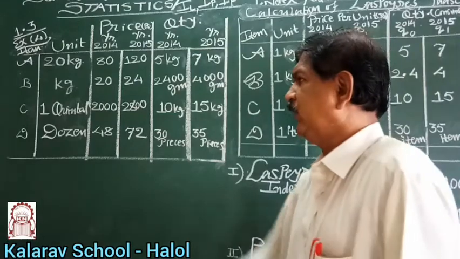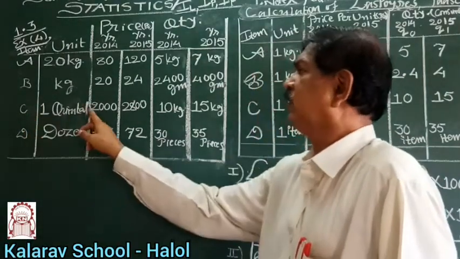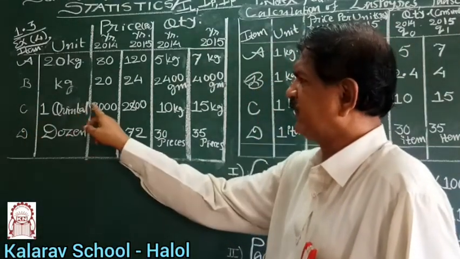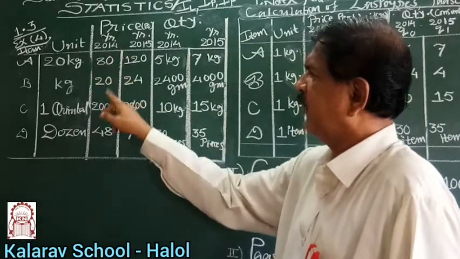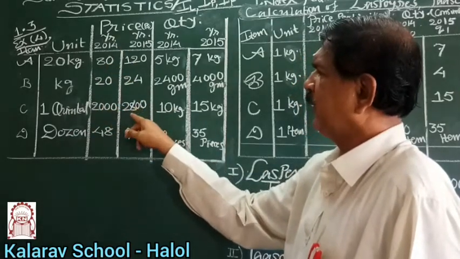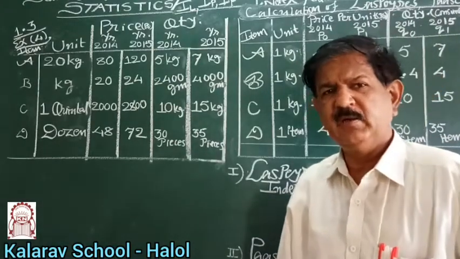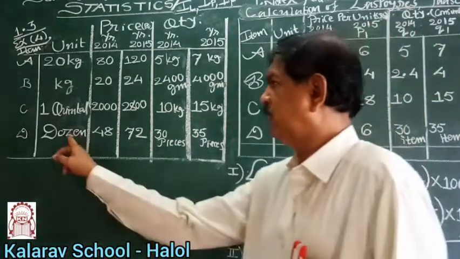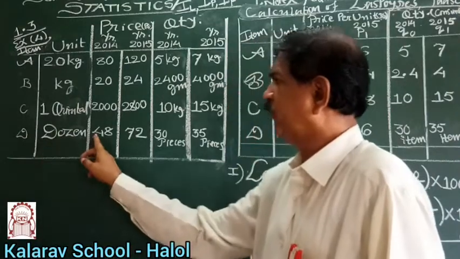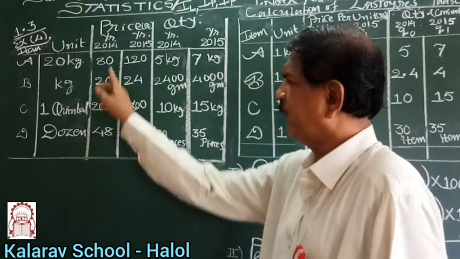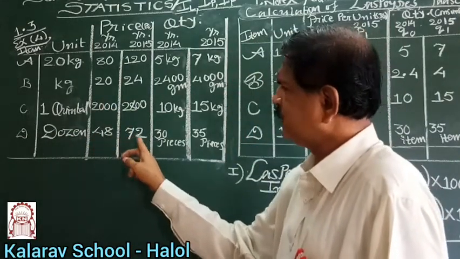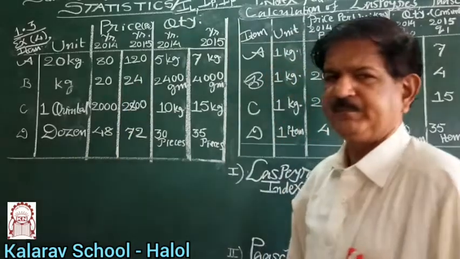For item C, the price for 1 quintal is 2000 rupees for the base year and 2800 for the current year. For item D, the price per dozen is 48 rupees for the base year and 72 rupees per dozen for the current year.